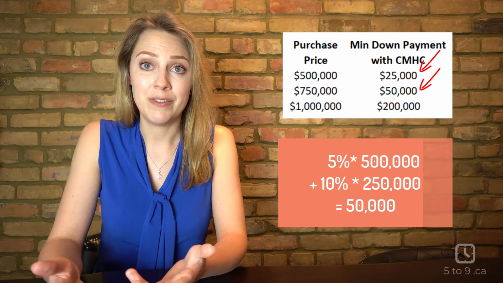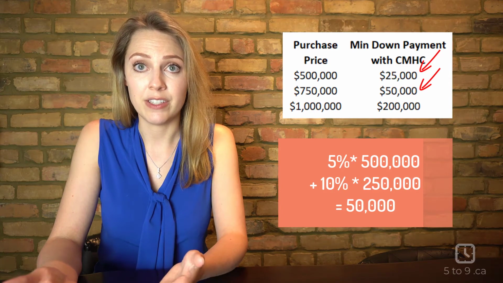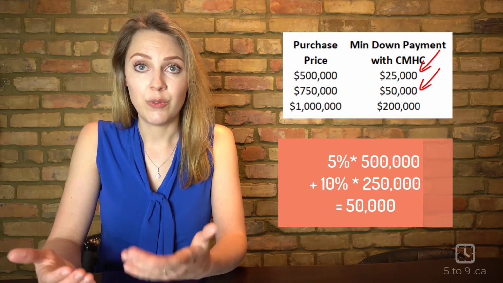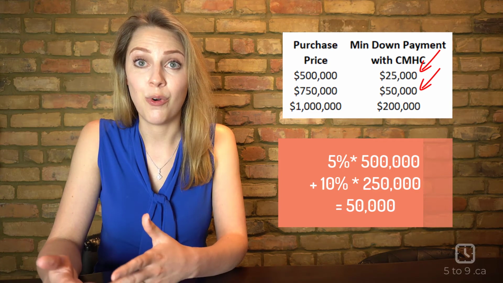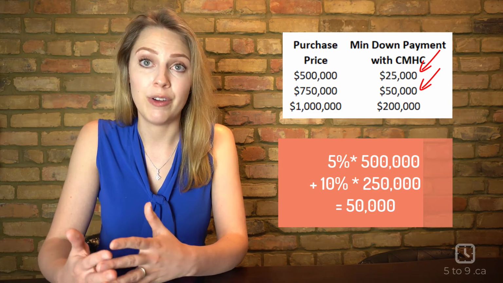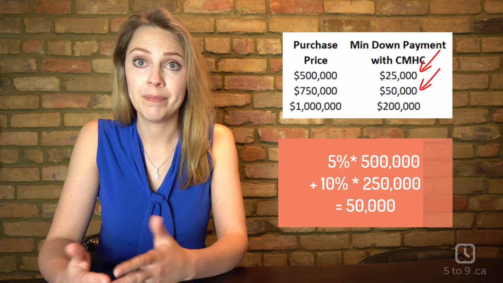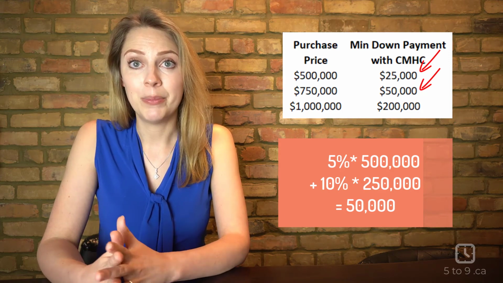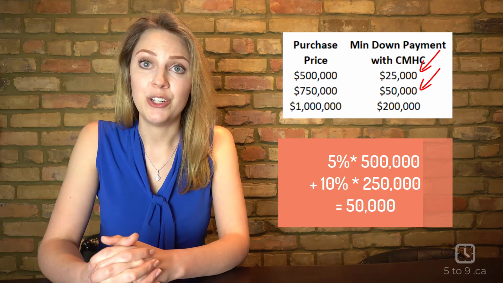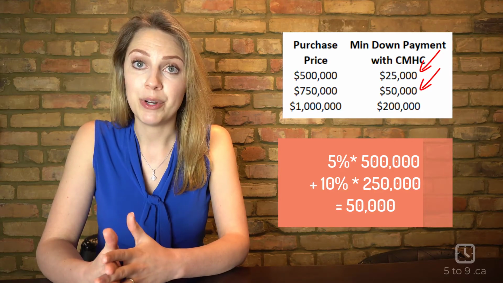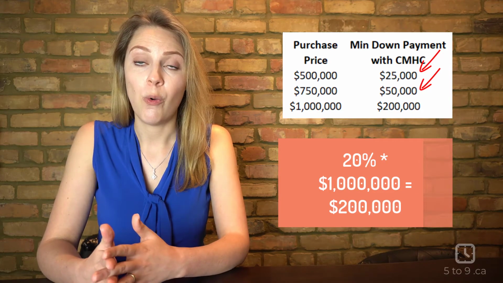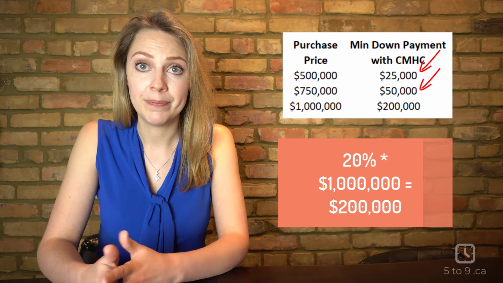So 10% of $250,000 is $25,000, and $25,000 plus $25,000 equals $50,000 for your down payment for the property of $750,000. And again, let's just make it simple. Let's say you're comparing that option to a property that you want to purchase for $1 million. You automatically have to put down 20% for that property, or $200,000.